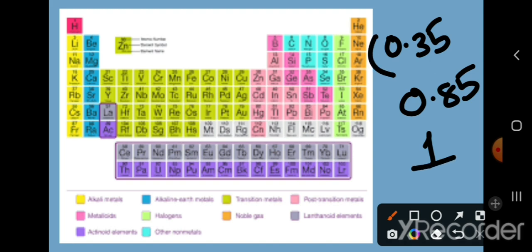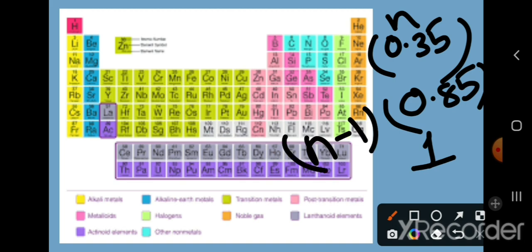So first shell, this one which is the last, nth shell, that is valence shell. After that we will consider as n-1 shell, and after that whatever be the number of shells, we will multiply by 1.